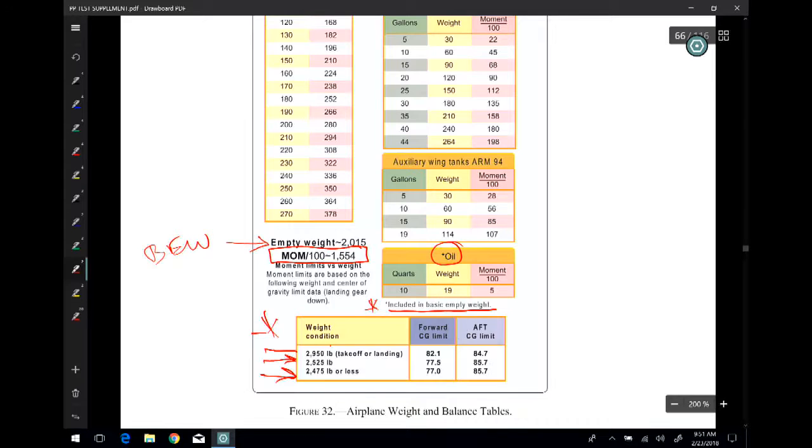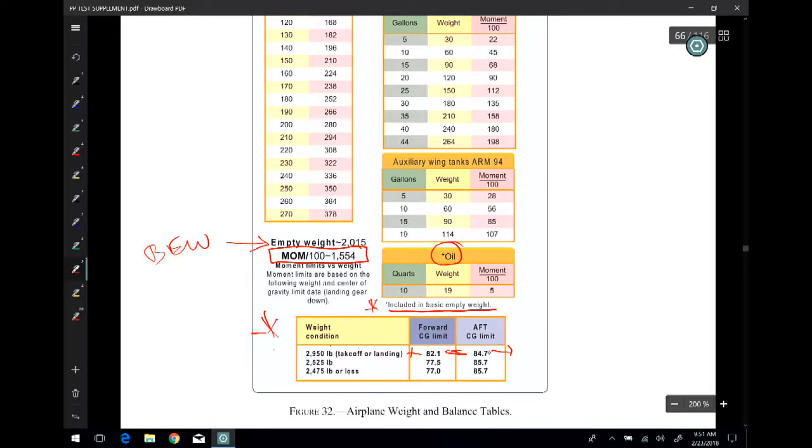And with each one of those weight conditions, we're also given a CG range. You can see here that the forward limit at max takeoff weight of 82.1 is going to be the CG for that aircraft, 82.1 inches. Here we also have the aft limit of 84.7.